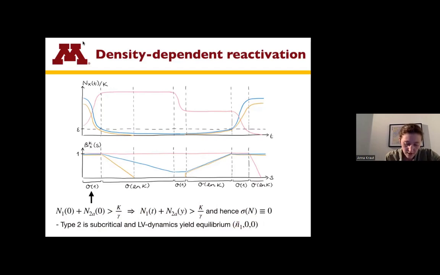And so type 2 will drop below a small epsilon threshold pretty quickly in a time of order 1.